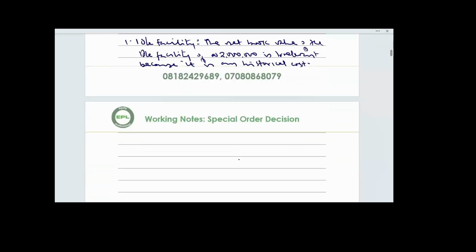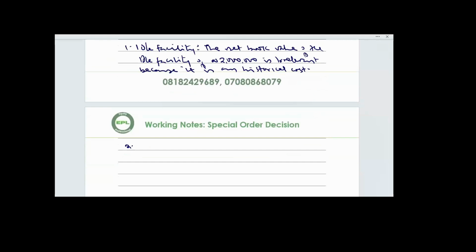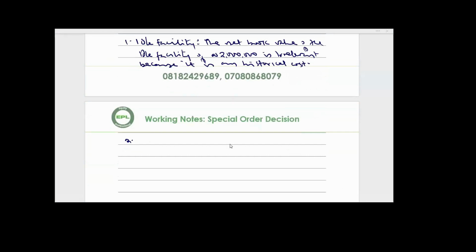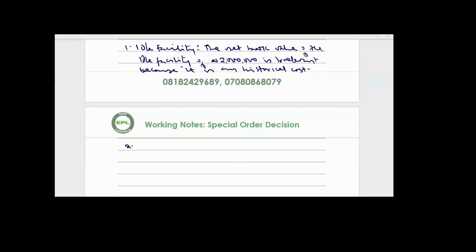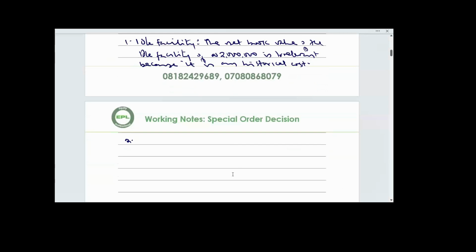Number two, let's go back to the question. Still on the same paragraph, we are also given market value of 1.2 million and 1 million naira. So what do you do? Then you can say, okay, we're still on that number one, idle facility. So let's continue with that.